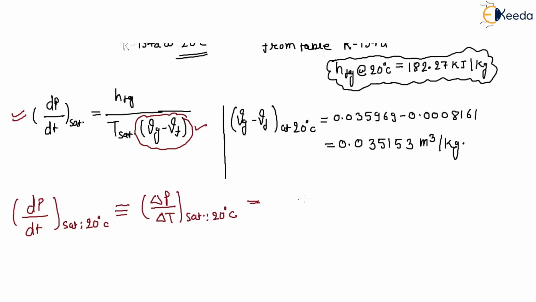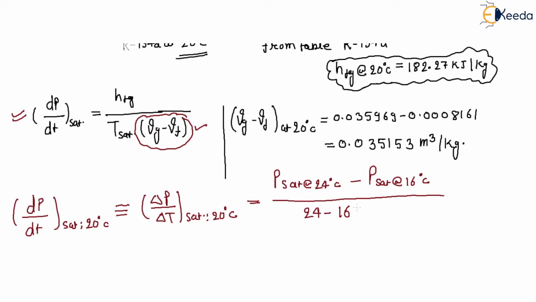So by interpolation, P saturation at 24 degrees centigrade minus P saturation at 16 degrees centigrade, divided by 24 minus 16.